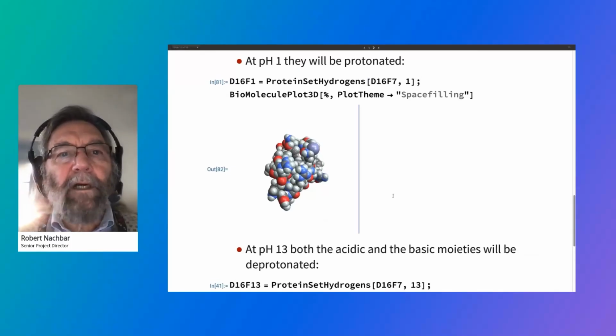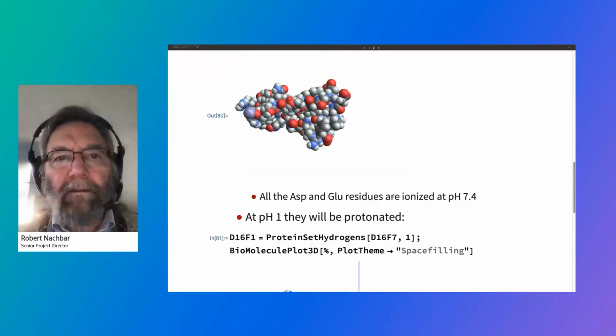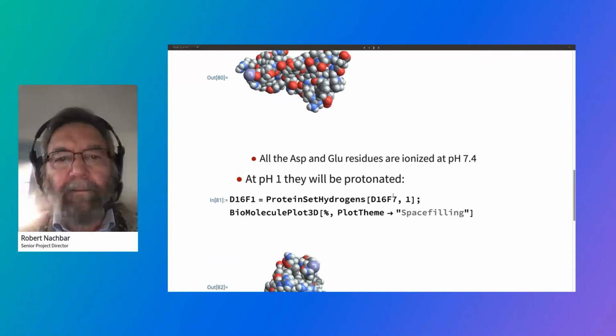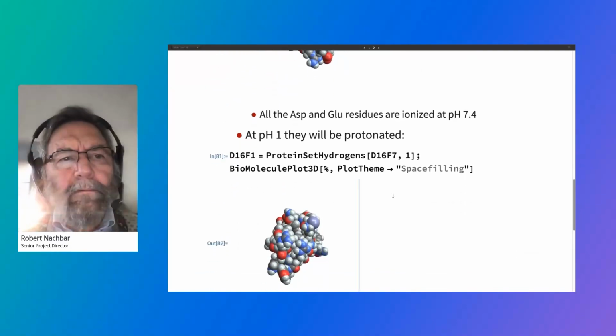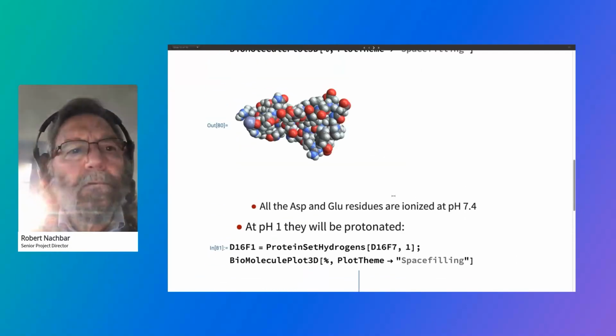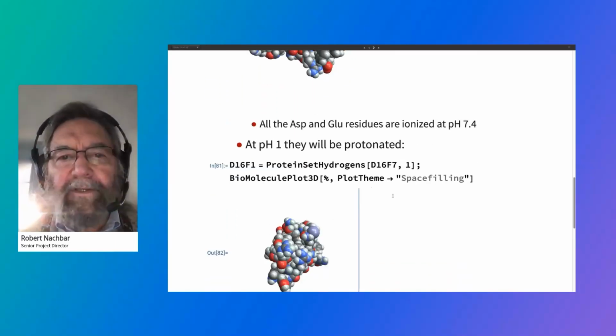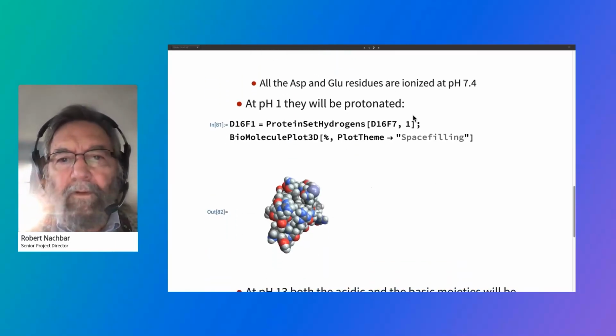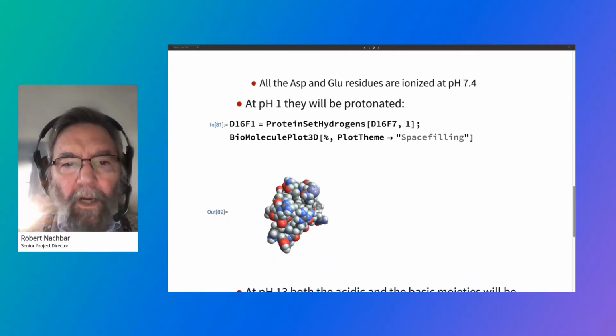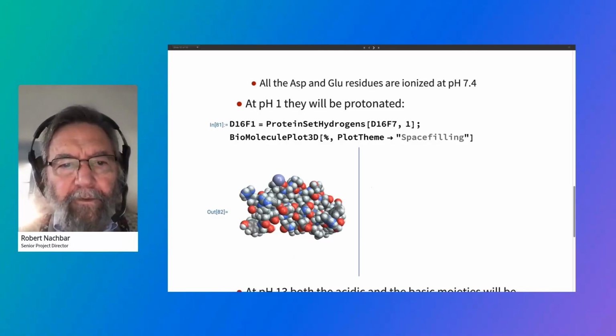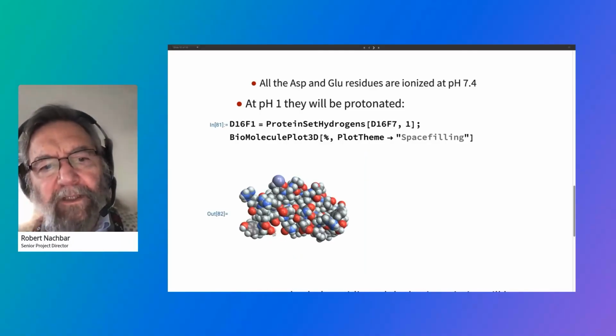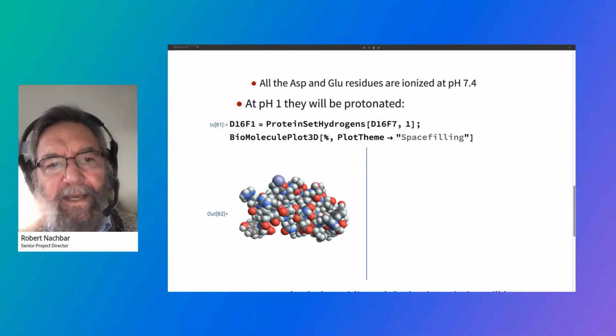Let's see. Actually, did I jump ahead a little. Yep. This is the one protonated. This is the one at pH 1. I wonder how I got ahead. I had mentioned the carboxyl down here. You can see that this does have a hydrogen added to it.